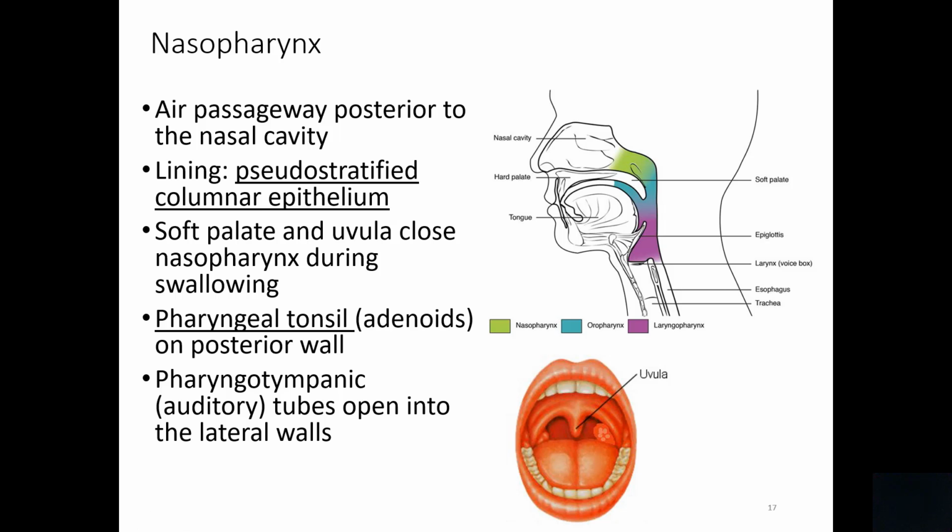Can you remember that? Think about it. Auditory tubes, or pharyngotympanic, or eustachian tubes, connect the nasopharynx with our middle ears, those small cavities that have ossicles, tiny bones inside of the ear.